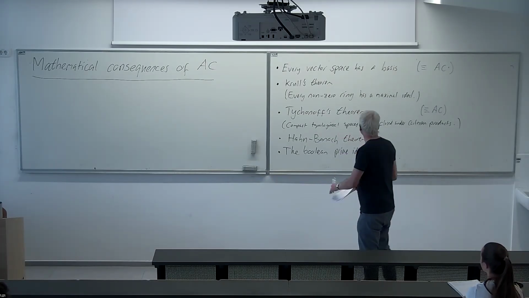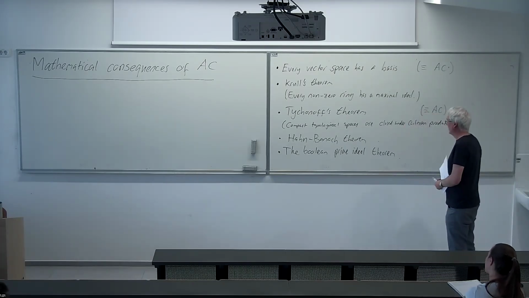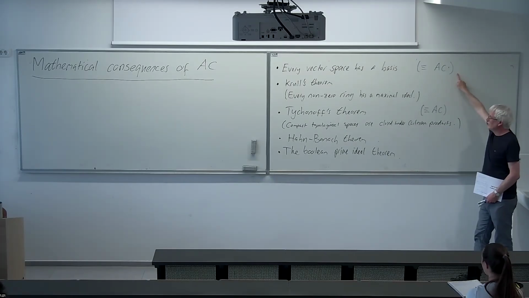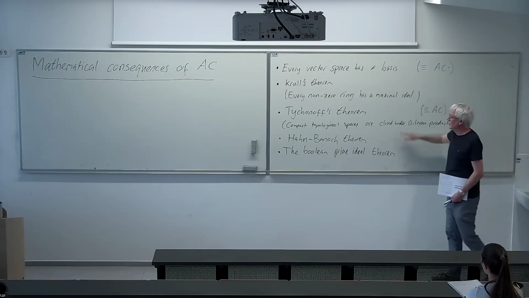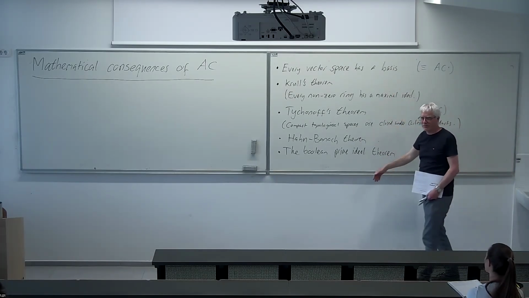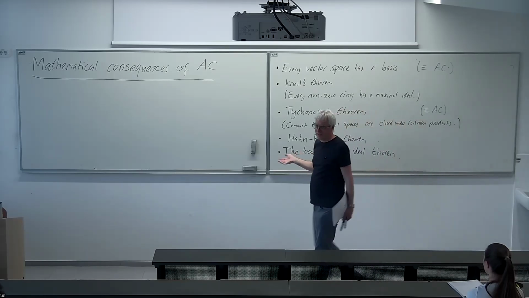Yeah, without. Well, as I say, these two are equivalent to the axiom of choice. You can prove that none of them hold in general. There are models of set theory that do not satisfy the axiom of choice in which these results fail. I don't know if they all fail simultaneously, but for each of the results, you can find a model of set theory without choice.